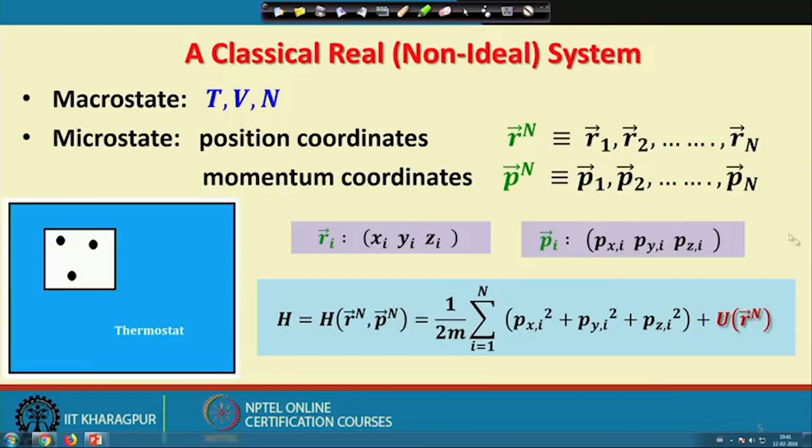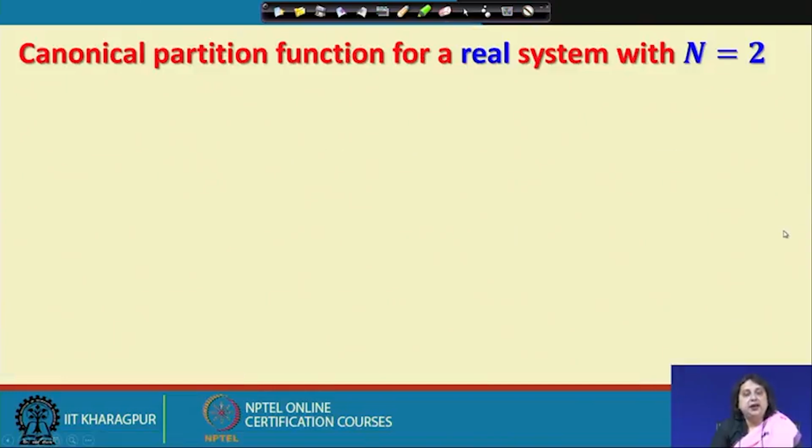We are going to try and write down the canonical partition function for this system. To keep our discussion simple, let us first write the canonical partition function for only 2 particles.